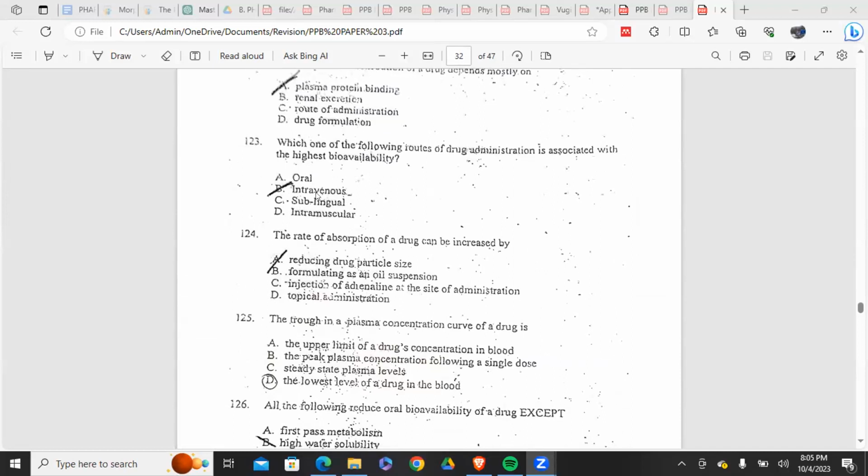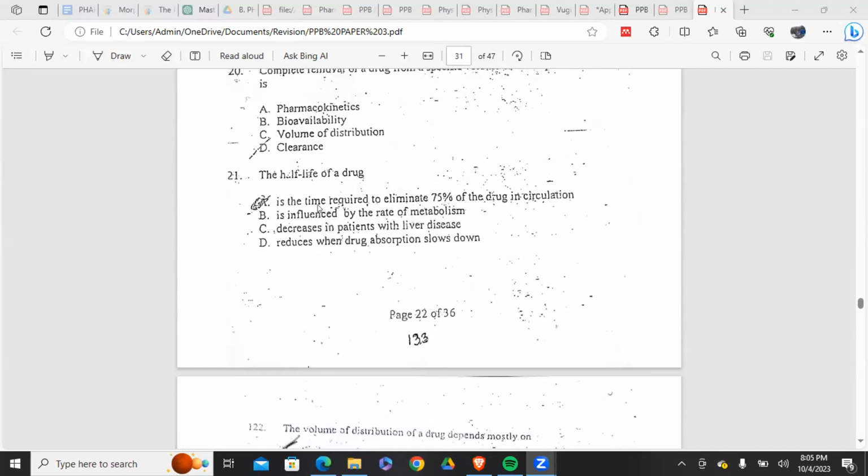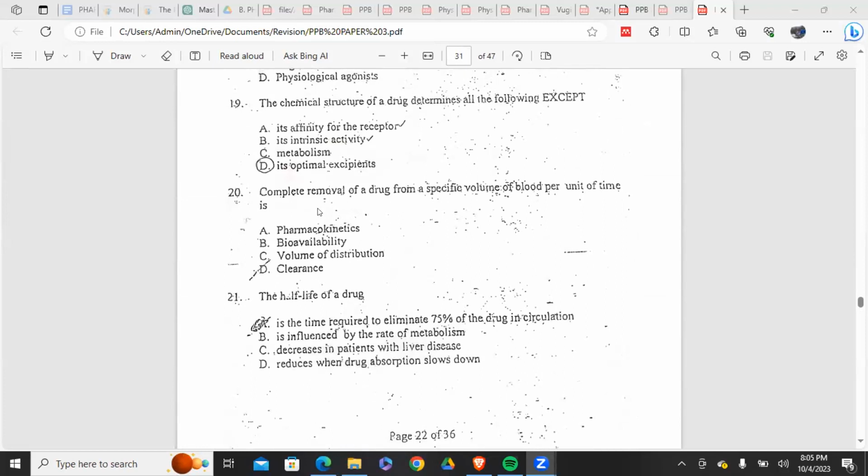Hebu rudi juu kidogo. Stop. Your half-life of a drug, hiyo ndio jibu kweli? These are not the answers we've gone. These are the answers that we found on the paper.